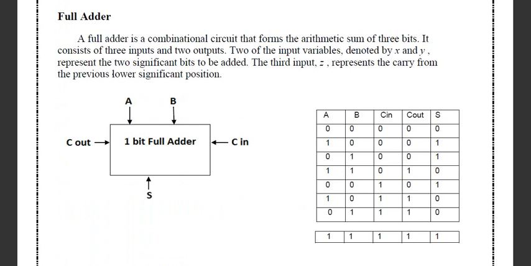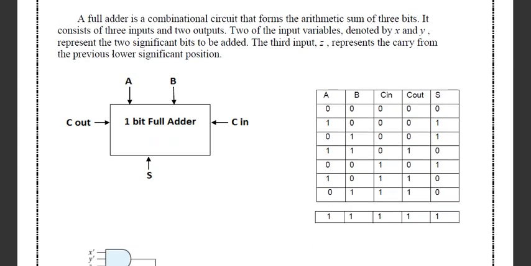In this full adder section, this will add a total of 8 combinations. That means here we have A and B. We are adding with output C, and C in is the input value. In one full adder, S is the sum. Here we have the values A and B, C in.